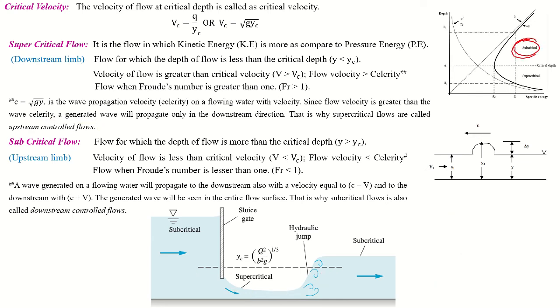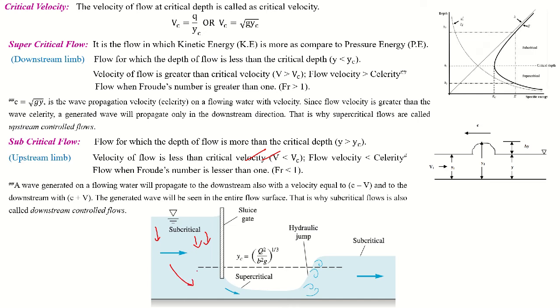Next is the upper section, which is called subcritical flow. This subcritical flow is quite opposite to supercritical flow. The depth of flow in this condition is more than your critical depth. Here the depth is this much, this one y1. This depth is always more than your critical depth, and the velocity is always lesser than the critical velocity, because water is flowing only due to gravity, or due to the weight of the water.